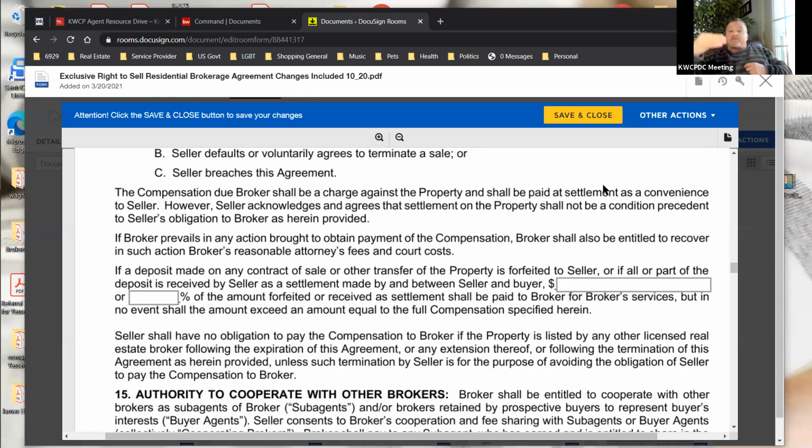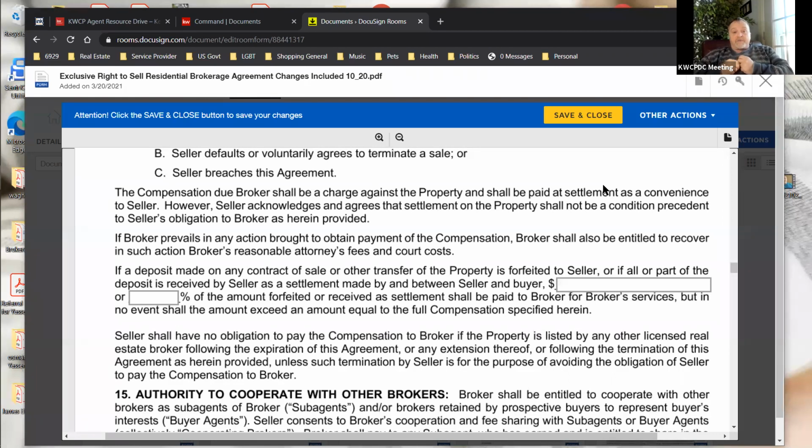The performance of getting the buyer to the table and getting the contract done is what gets us paid, assuming that the seller does not default. If the seller defaults, then we are entitled to compensation. If the buyer defaults, that's not the seller's fault and we are not.